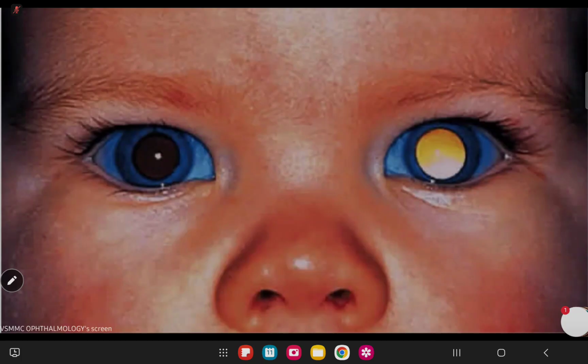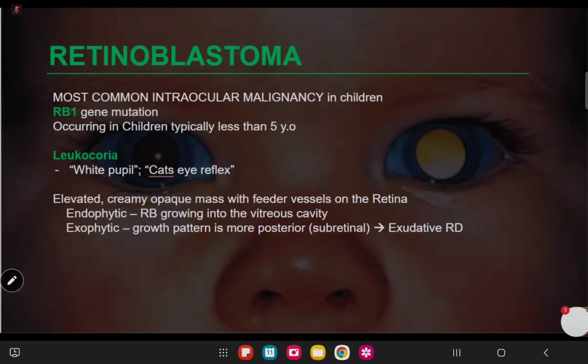However, for those with a lighter reflex, or those having a whitish to orange or yellowish reflex, you can think of an ocular tumor. So your retinoblastoma. It is the most common intraocular malignancy in children. It is caused by RB1 gene mutation. It occurs in children typically less than 5 years old. And the one that you saw is what you call leukocoria or the white pupil. It's the cat's eye reflex, no?